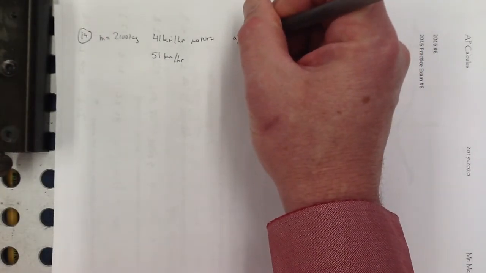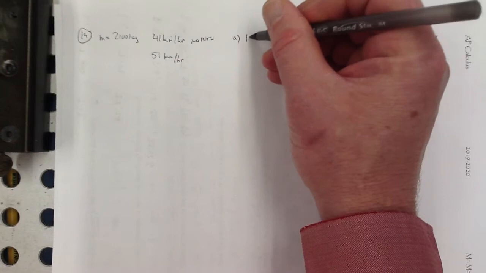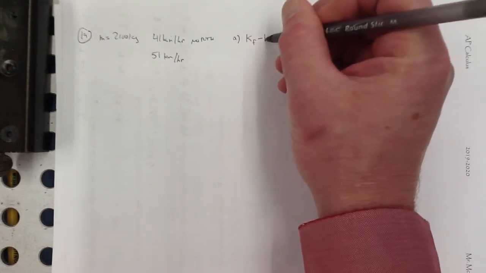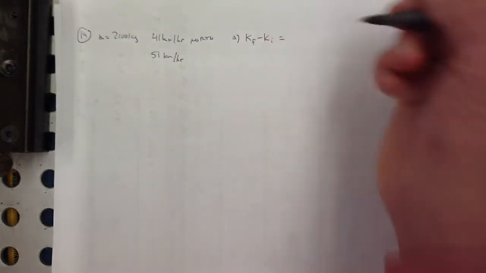Okay, so for part A, the change in kinetic energy, that's kinetic energy final minus kinetic energy initial, and that's going to be equal to 1/2 m. Oh, I guess I've got to change these if I'm going to do kinetic energy. I've got to change them to the right units. Hold on a second. So 41, that's kilometers per hour, so I need to multiply by 1,000 and divide by 3,600.